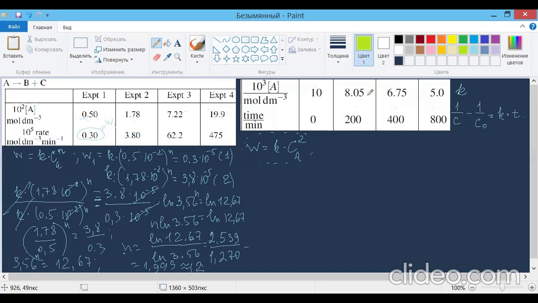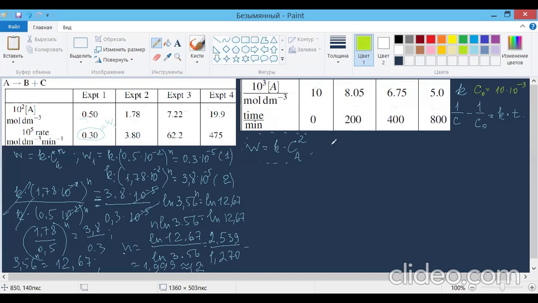By 1, I mean the data given in this column. We can see that the initial concentration of the reagent A is equal to 10 times 10 raised to minus 3 moles per liter.